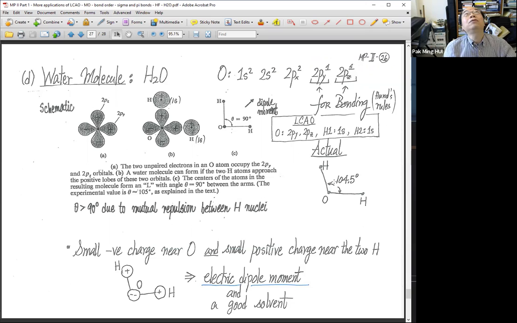So if you think about an optimization problem, then you have to try different angles to look for the lowest energy. So it's just like our separation between two nuclei. In this case, in addition to the separation, you need to try different angles.